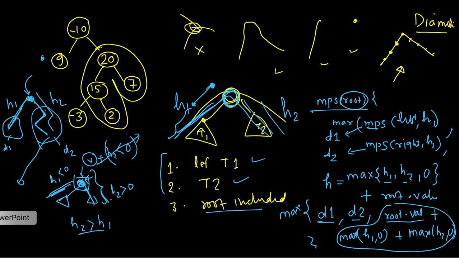So remember this logic here. The h for the current node will be either, so this node we include, then we see the max of h1 or h2 or 0.